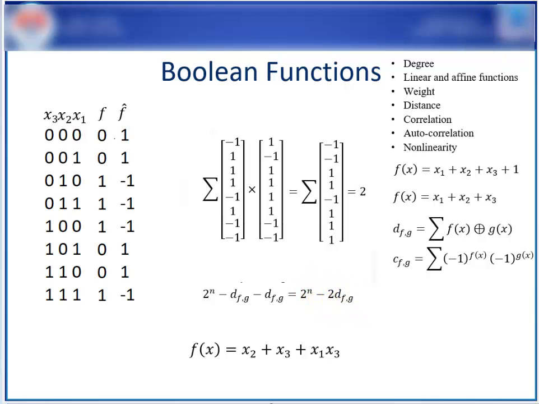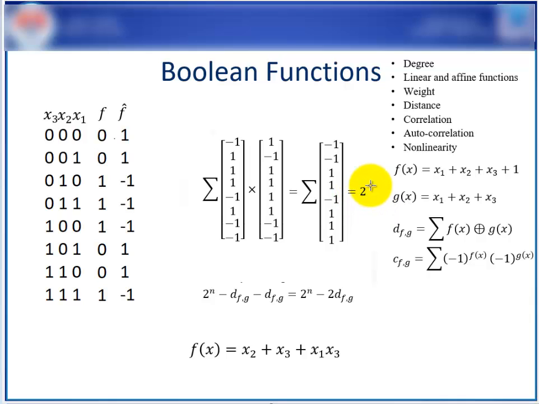There is another very interesting property of correlation function. Suppose that our function f is an affine function and our function g is its corresponding linear function. Then we are going to end up with all -1 elements in this vector, which is going to give us the maximal possible negative correlation, which is -2 to power n.